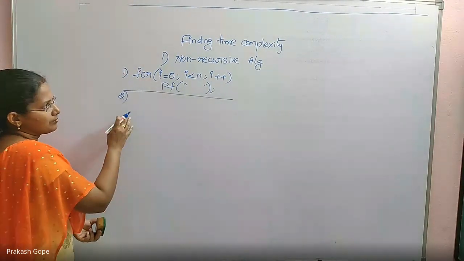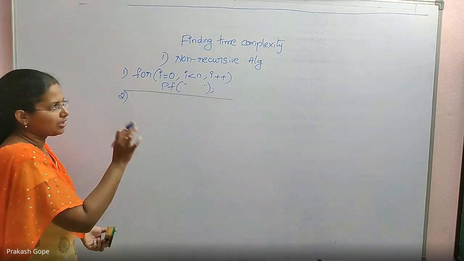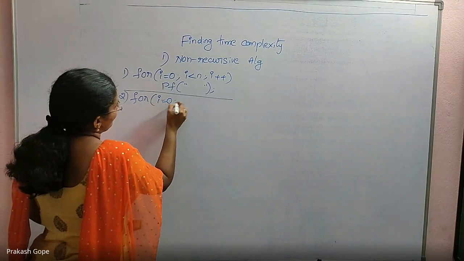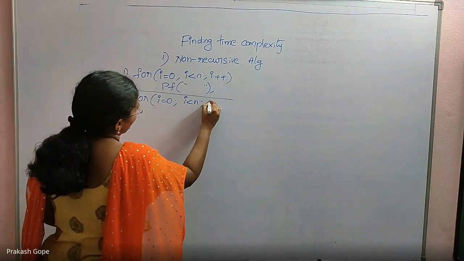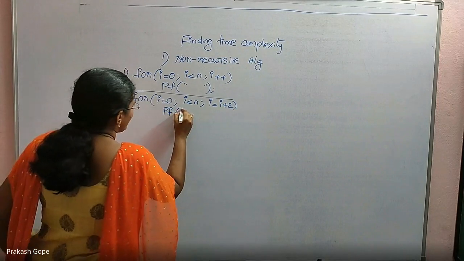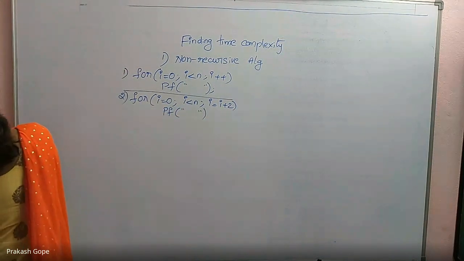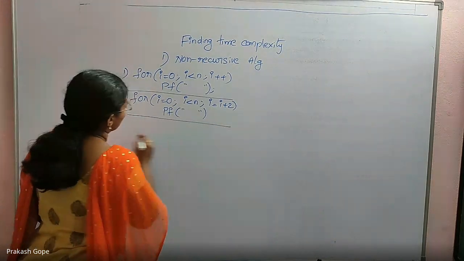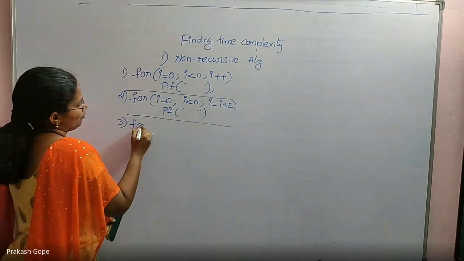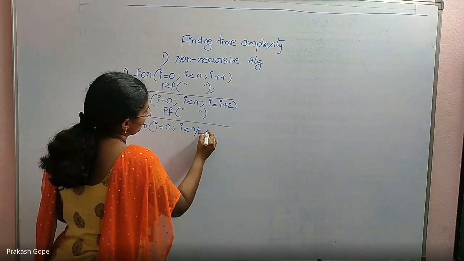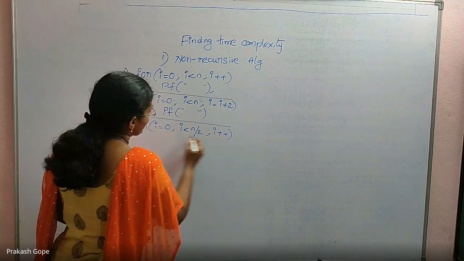Okay, second one. So for all these algorithms, you should tell me the time complexities. For i equal to 0, i less than n, i equal to i plus 2. And there is a printf statement. For i equal to 0, i less than n by 2, i plus plus.